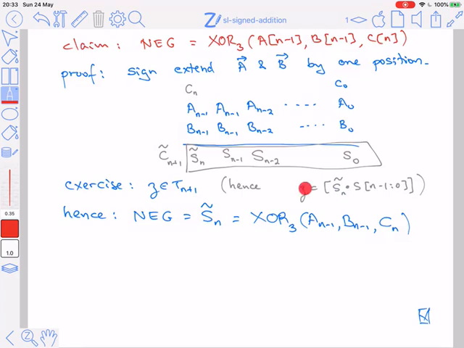Now the sign of Z in this case is determined by the most significant bit. So the negative signal simply equals Sn tilde. But what is Sn tilde? It is an output of a full adder which is fed by these 3 bits. So Sn tilde is the XOR of An minus 1, Bn minus 1, and Cn as required.